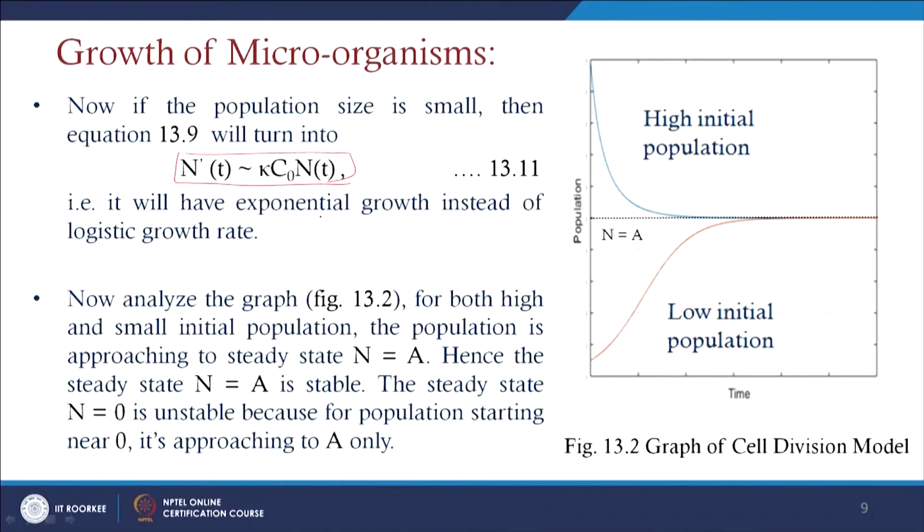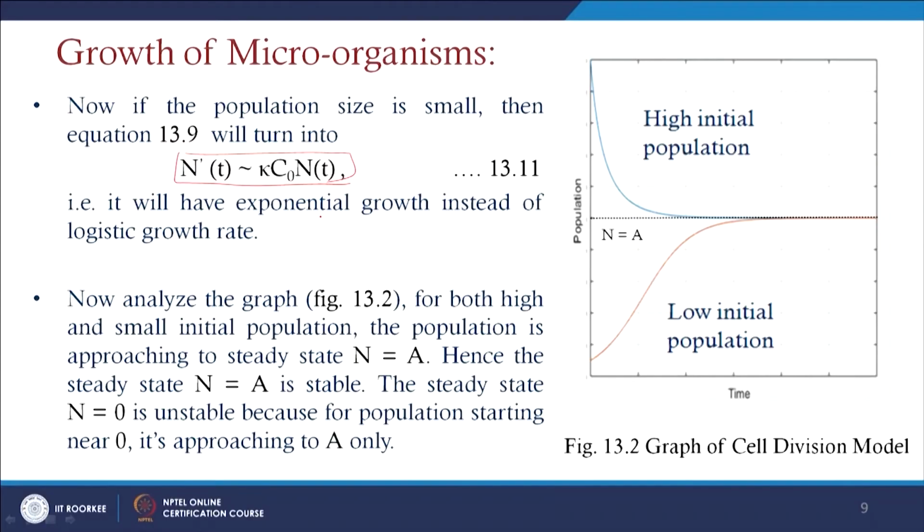Now if we analyze the population level at a critical point or steady state, from the graphical sense we see that for both high and small initial population, the population is approaching a steady state, that is n equals a.